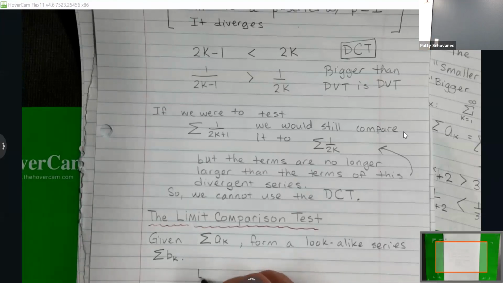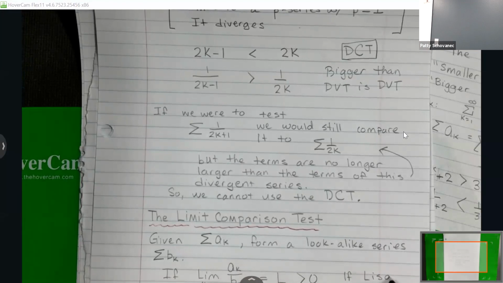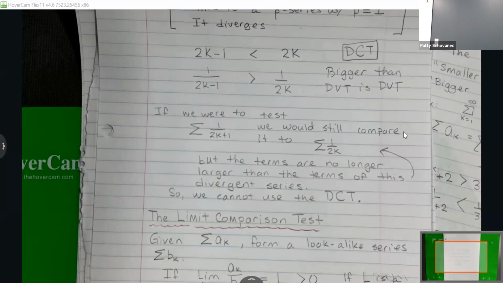You compute the limit of the given series over the b_k's. And if this limit, as k goes to infinity, is a positive finite number L, then both series do the same.